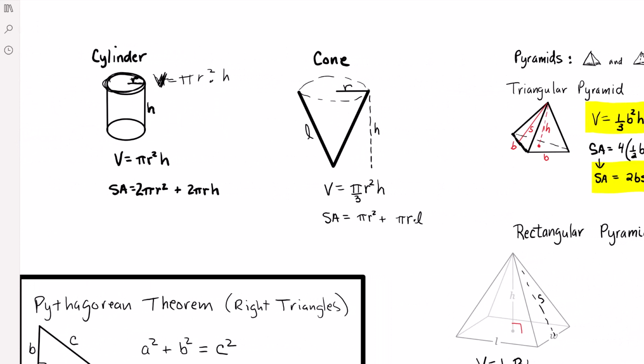For a cone, similar to a sphere, it's essentially 1/3 the volume of a cylinder. So instead of being radius cubed, you multiply by whatever the height is. So it's 1/3 pi r squared times the height.